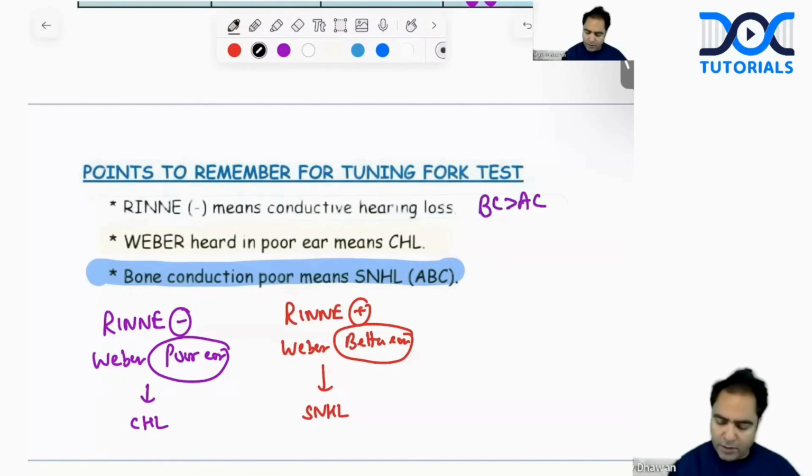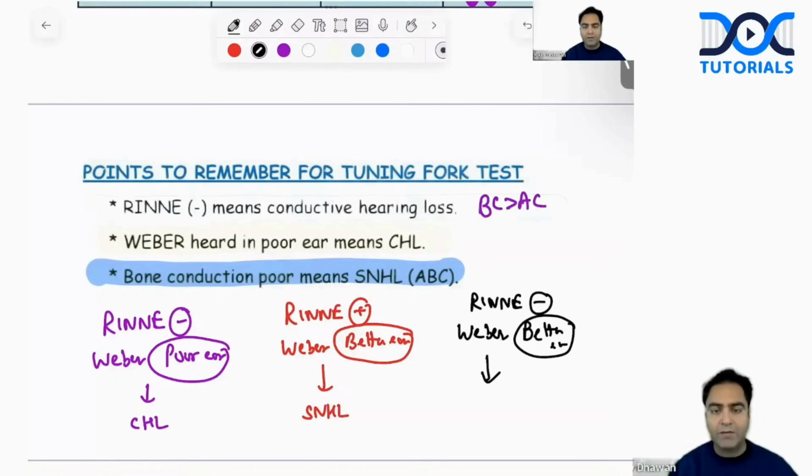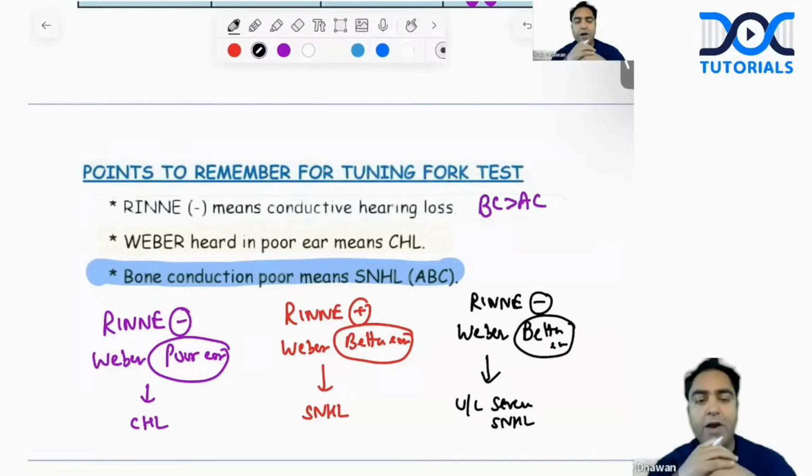But if the question comes like this, Rinne is given negative and Weber is heard in the better ear, now this is a case of false negative Rinne, and this is seen in unilateral severe SNHL. So the 3 tuning fork questions are: if Rinne is negative and Weber is heard in the poor ear, it's conductive hearing loss.